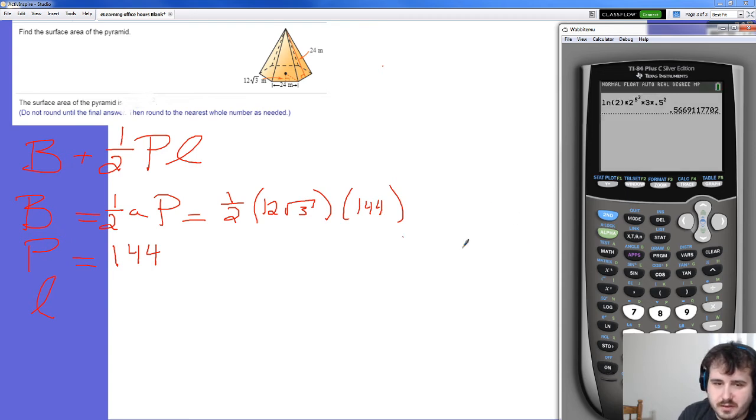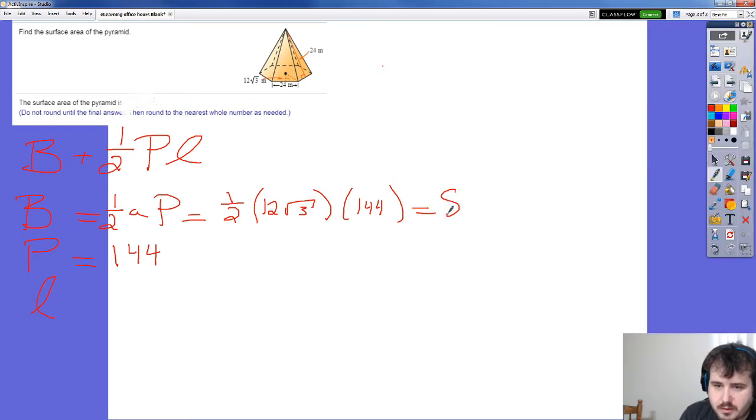So I'm just going to do 1/2 times 12 times 144 in the calculator anyway. 864, and then I'm just going to put the radical 3 on top of that. 864 radical 3. And then the perimeter is 144, and then the slant height they give us is 24, right?